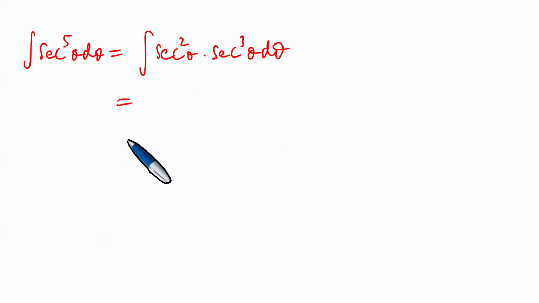How can we evaluate this particular integral over here? What exactly do we need to do at this point? You need to look at this and think very carefully about what needs to happen.